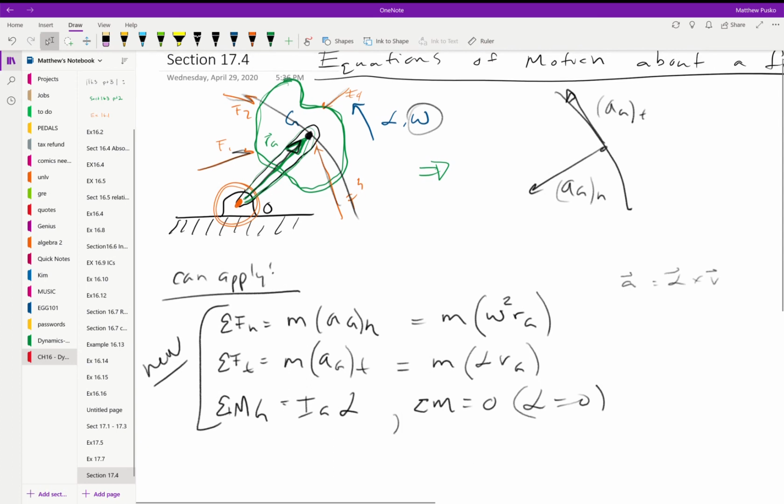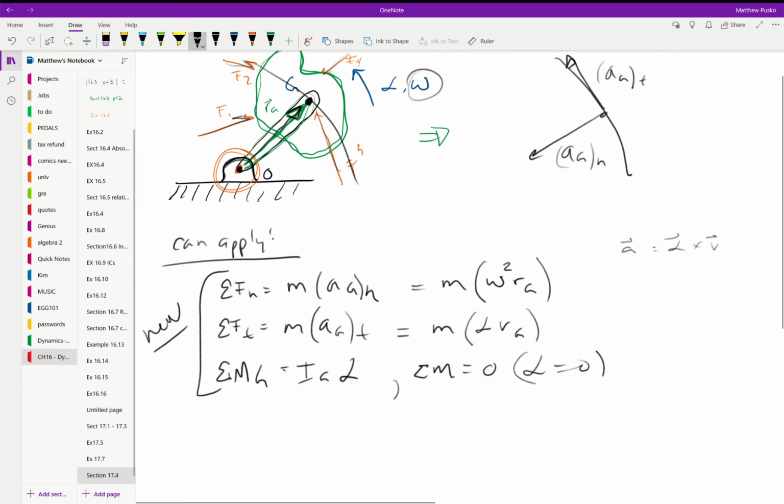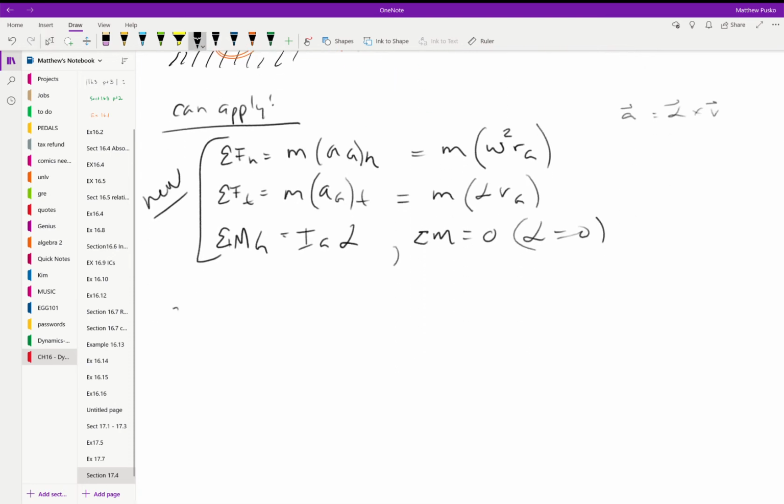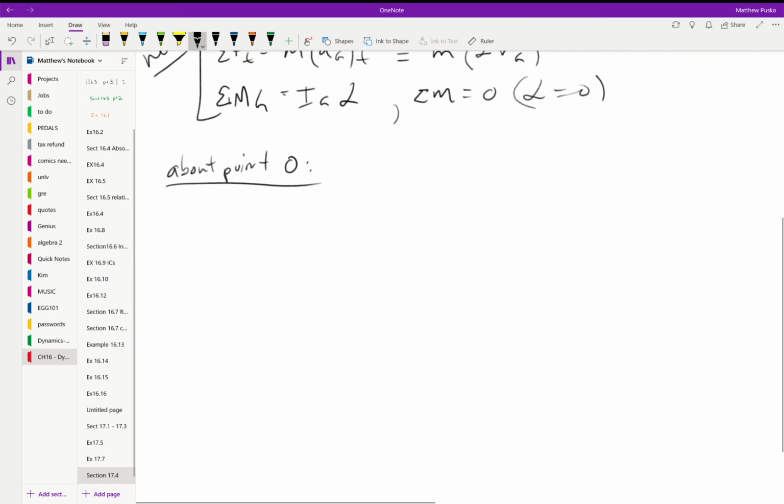What if we wanted to do it about this point O? Often that happens to be a more clever point. A force may be going through it. So in this case, the force caused by the acceleration in the normal direction would be concurrent with point O, so it could have its advantages. We could say about point O and sum the moments about there.